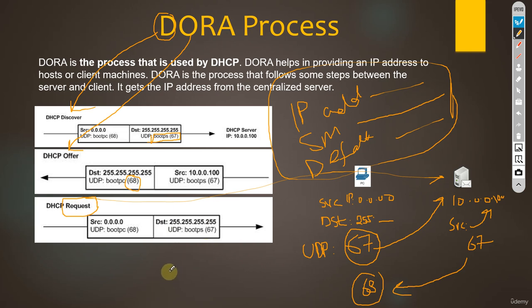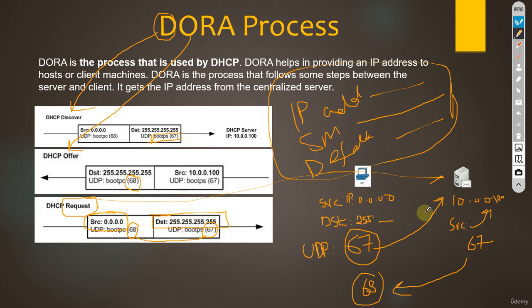As you can still see, the source is still not familiar to this client. It is sending blindly to this DHCP server with the broadcast. This is called the broadcast, all 255, 255, 255, going from the client machine to the server.